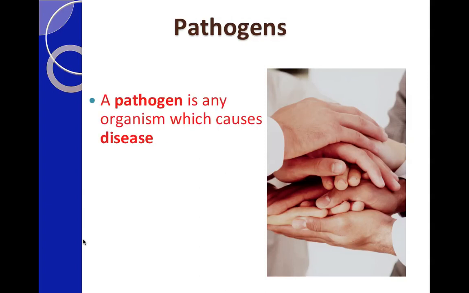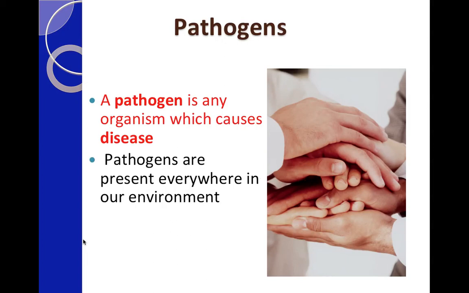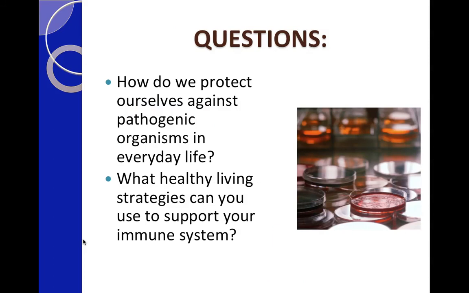When we start talking about specific pathogens, a pathogen is really any organism which can cause a disease. And we are surrounded by pathogens, but our immune system does a pretty good job of protecting us. If you want to take some time, just think of how in our everyday lives you might protect yourself against pathogenic organisms, what healthy living strategies you have.